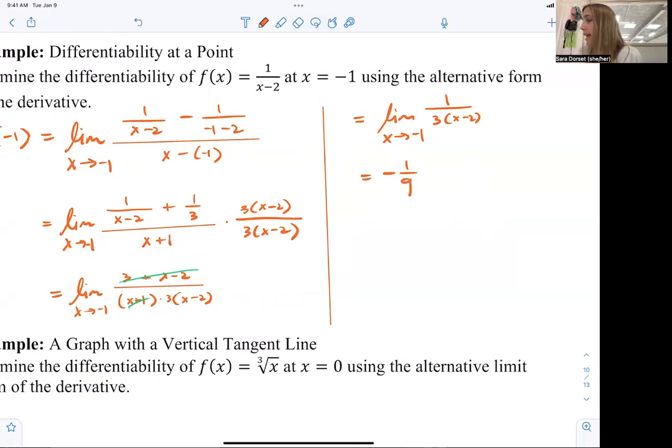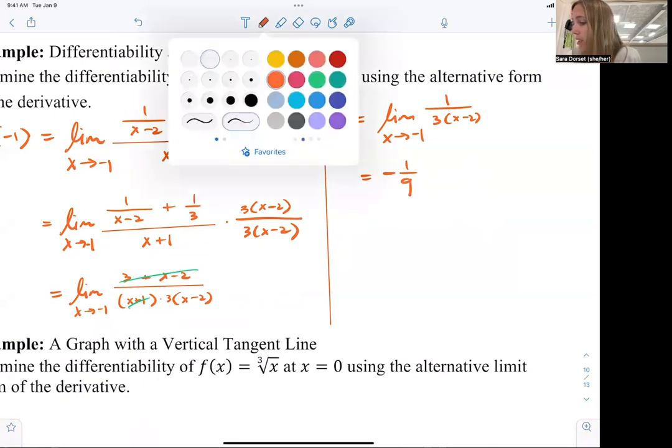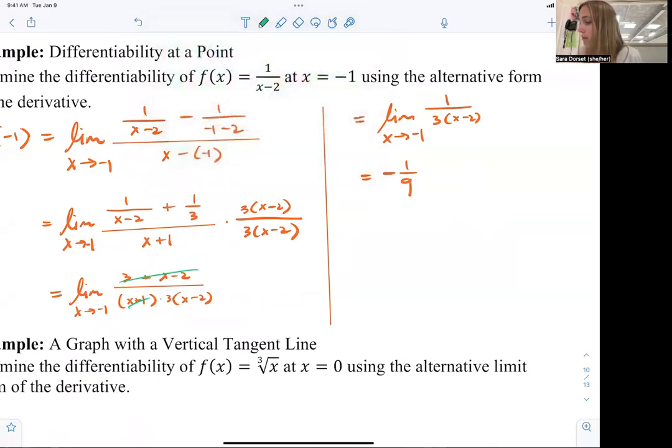That's the slope of the secant line. Not the secant line, that's the slope of the tangent line at x equals -1. We got a slope of the tangent line.